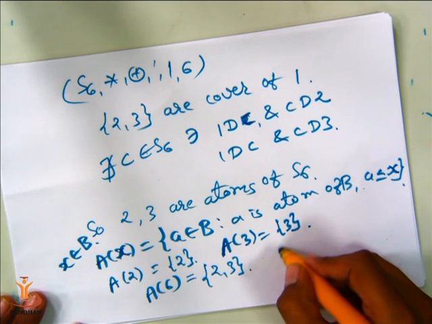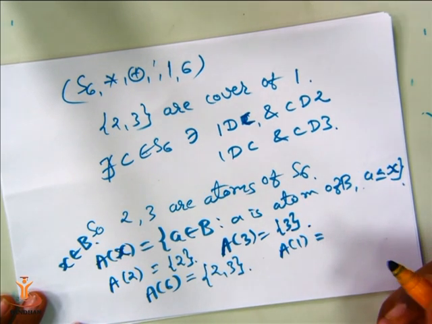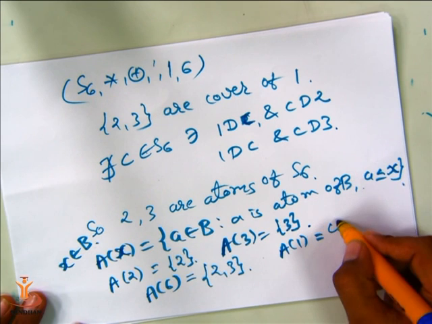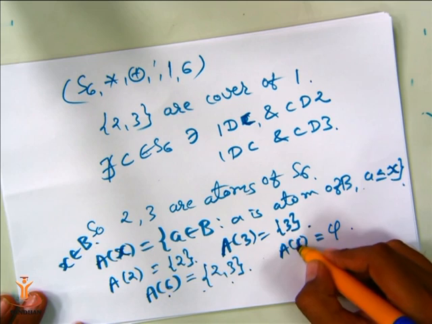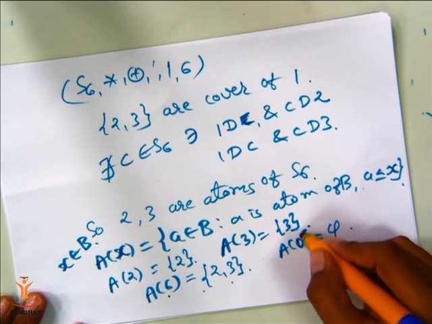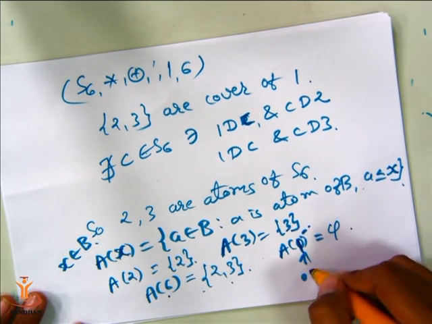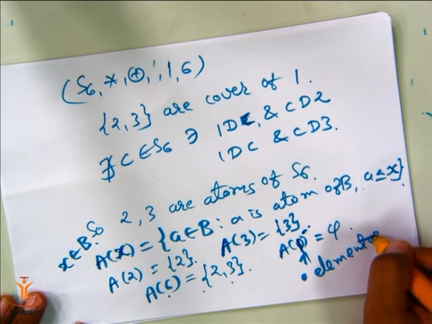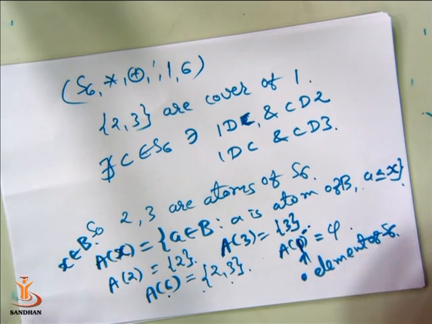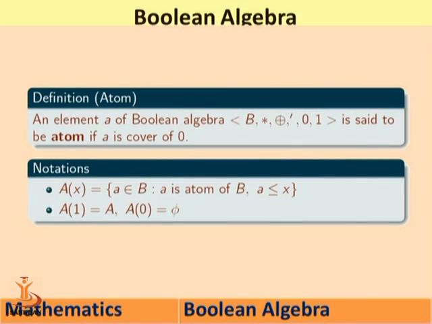And the atom set of 1, that means the atom set of the 0 element, is the empty set phi. Now the atom set of the whole S6, that is A of 6, is the set 2 and 3, and the atom set of 0, that is A of 1, where 1 is the 0 element of S6, is phi. And for that we have two different notations: A of 1 is equal to A of 0 is equal to phi.